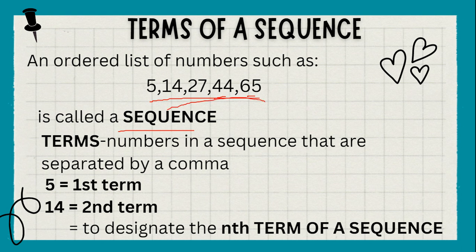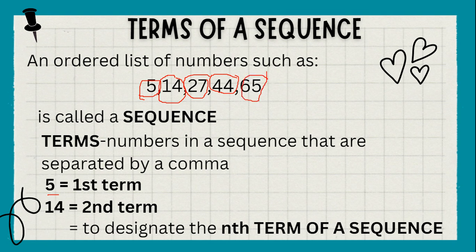And terms are the numbers in a sequence that are separated by a comma. So this is term, term, term, term, term. So per number, that is the term, and 5 is the first term, 14 is the second term, 27, kapila na term, 44, and last, 65.